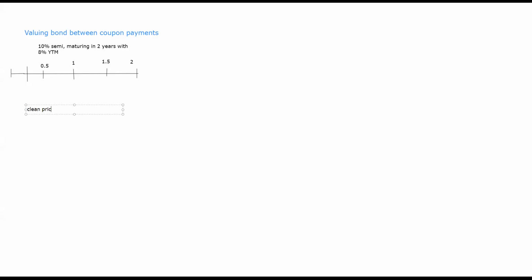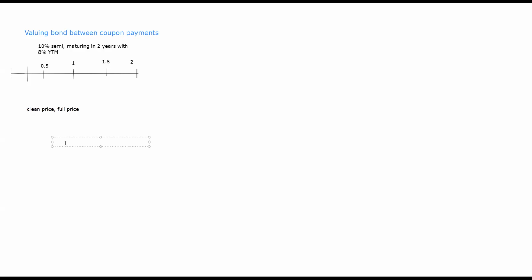So that price is referred to as the full price or the clean price. How do we calculate that full price? What you have to do is use a particular formula. What is that particular formula?